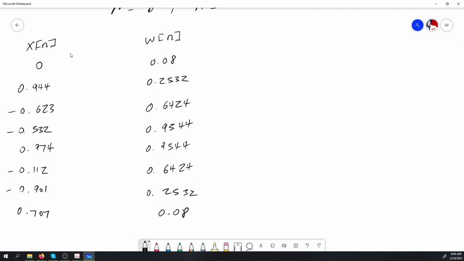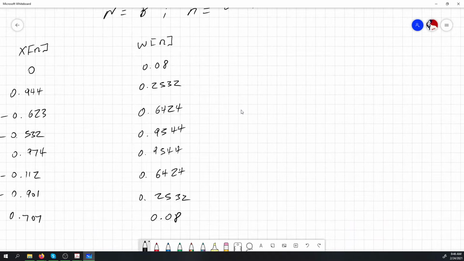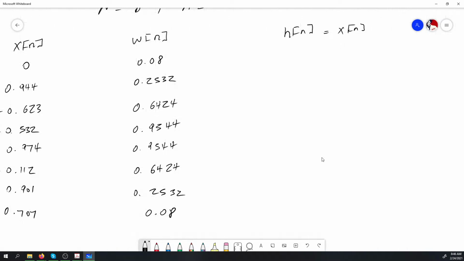So now that we have our original x of n signal here and the window function vector values that we just calculated using Octave, the next step is to actually calculate h of n, which is going to be the multiplication of x of n and w of n.